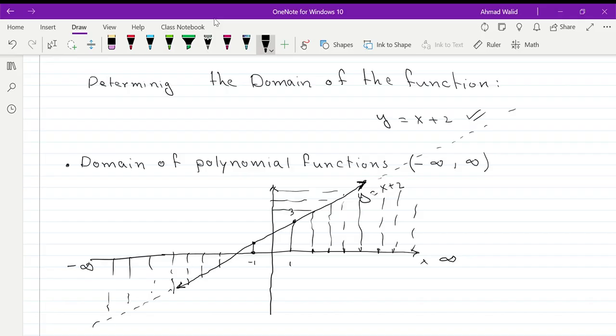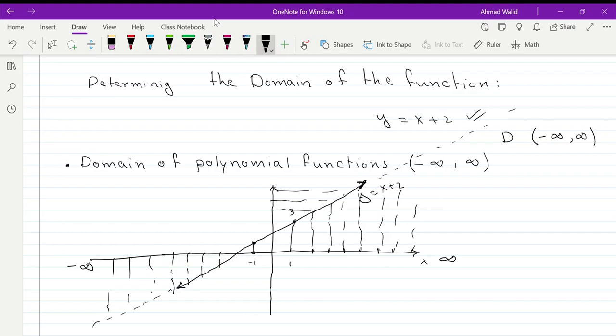Let me tell you another thing. The values of x is always your input. The values of y is always your output or range. Now, if I ask you, what is the domain of this function? The domain of a polynomial function y equals x plus 2. Your domain, if I use d just for domain, is from negative infinity to where? To positive infinity.